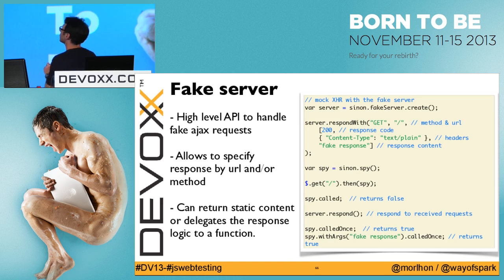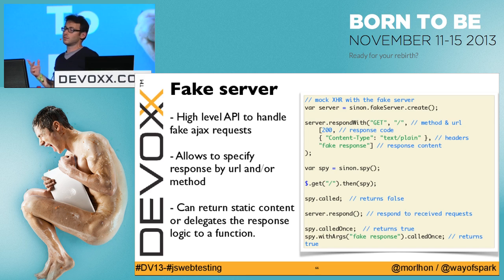The fake server is simply an advanced API for the fake AJAX. You can use it to filter which URL will respond with what data, because it can be complicated. If you have a complex test, we will get data 1, data 2, data 3 and work with it.